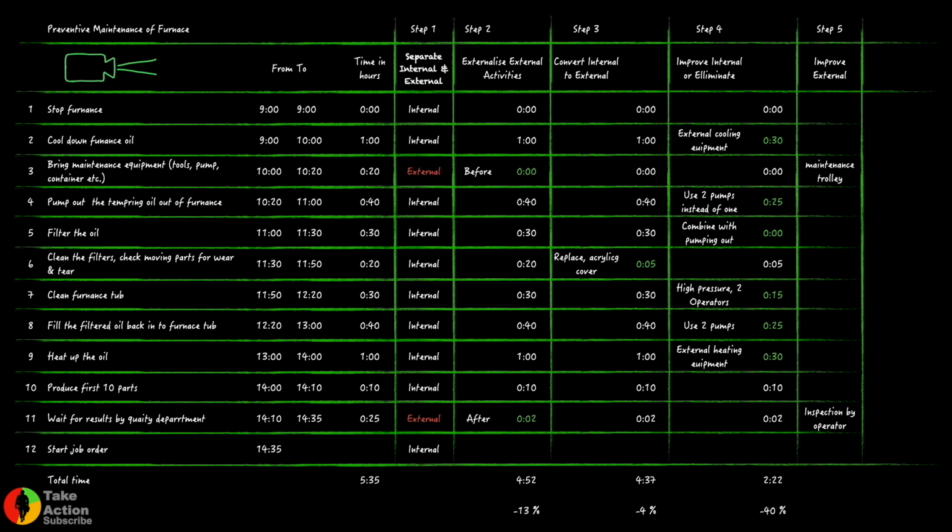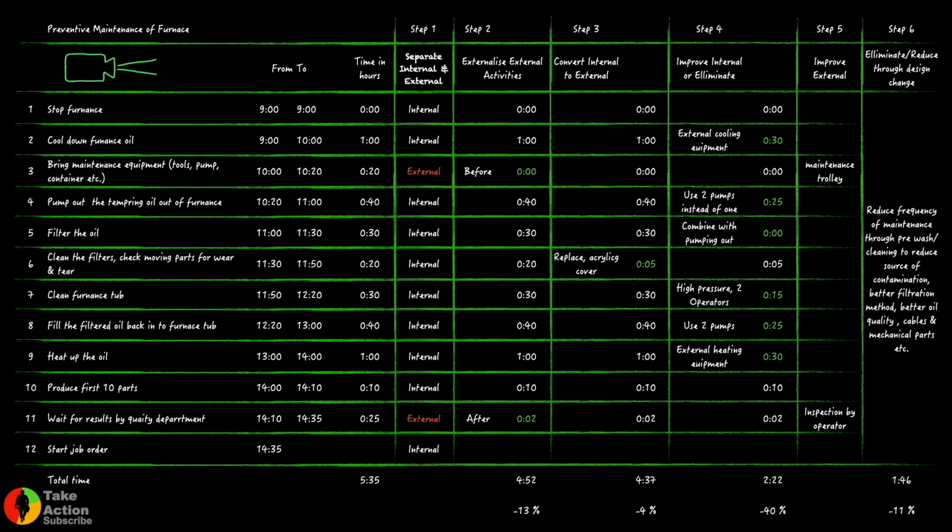In the SMED method, we know that during step number 6 we eliminate the setup time through design change. In this example, we have used the SMED method for preventive maintenance. This means we look at how we can reduce the frequency of the preventive maintenance.